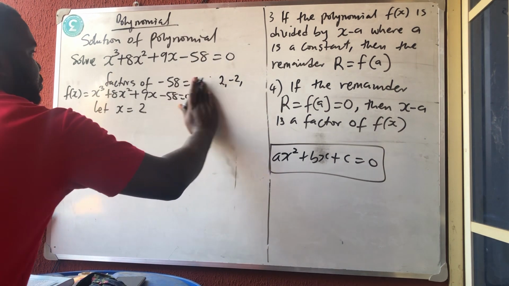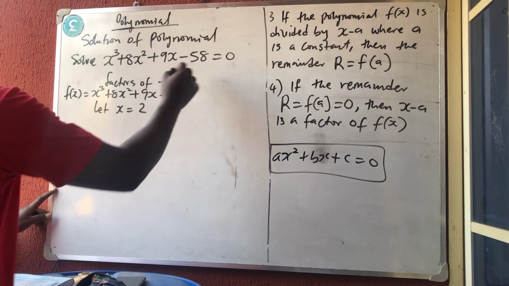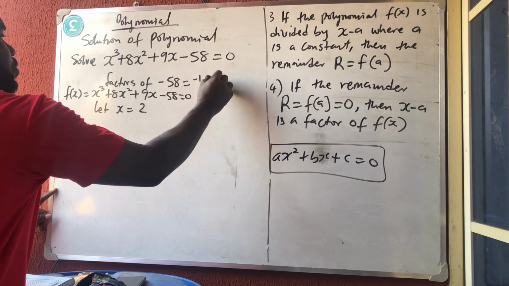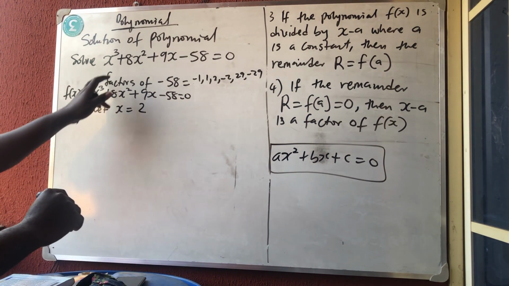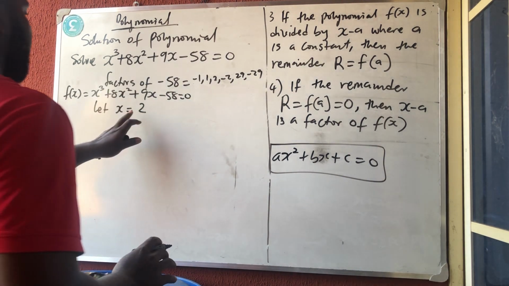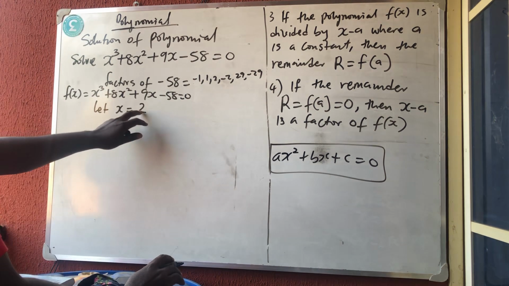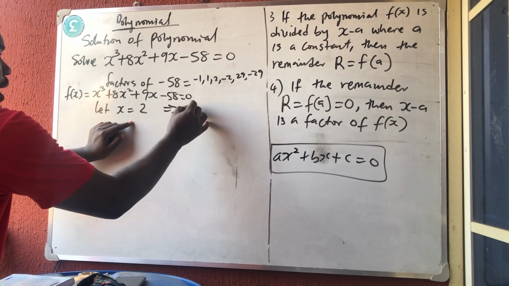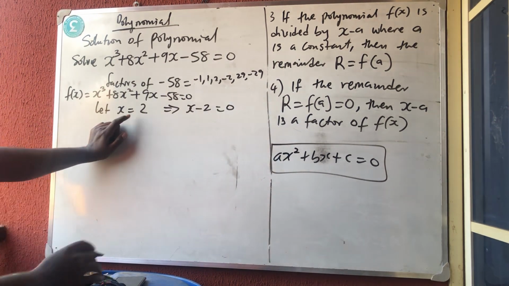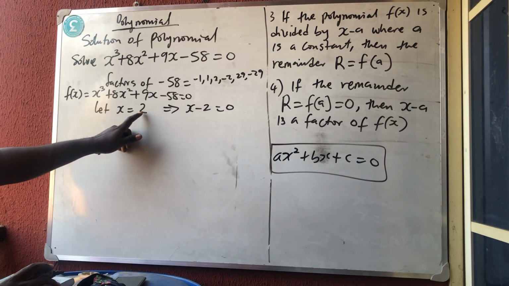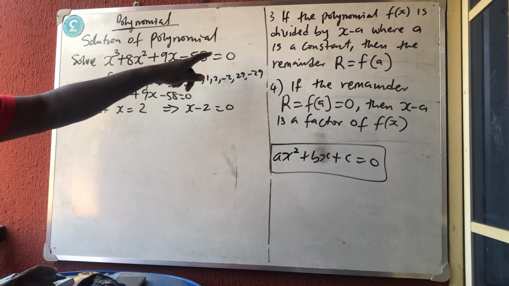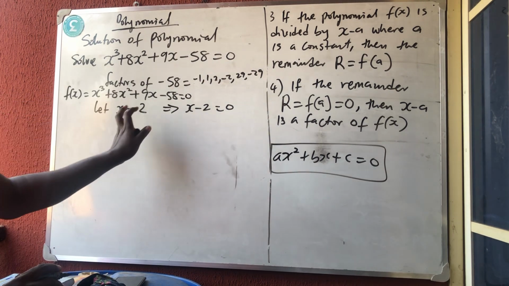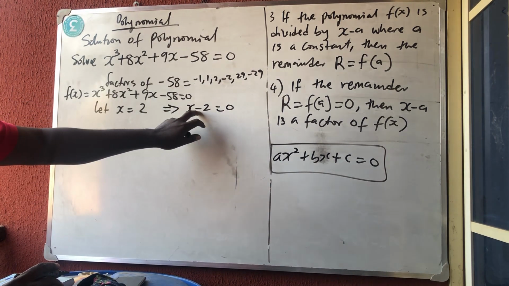The factors are minus 1, 1, 2, minus 2, 29, minus 29. So let me put x to be what? This implies that x minus 2 is equal to 0. If I simply put x to be 2 inside this place and I get 0, it means that this one is a factor.